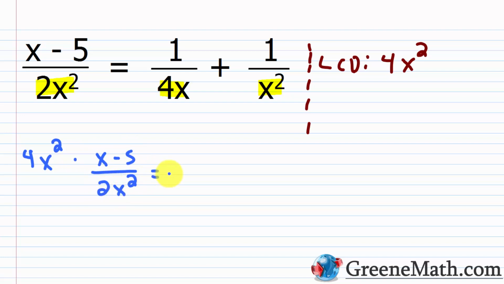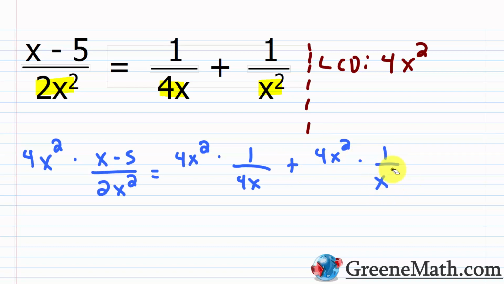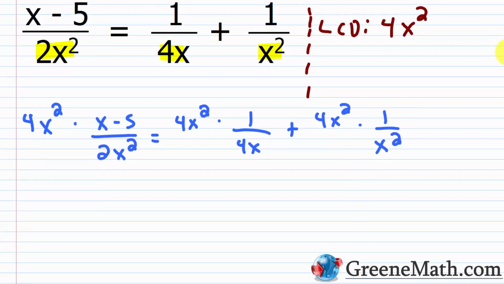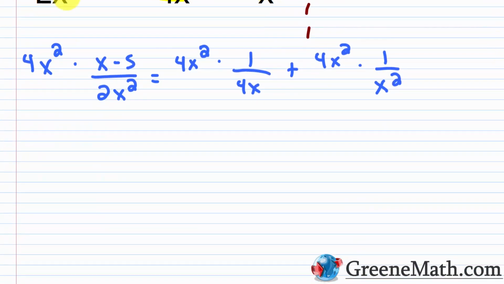And this is equal to, I'm going to multiply the 4x squared by each part here: 4x squared times 1 over 4x, then plus 4x squared times 1 over x squared. Let's go through and multiply each.